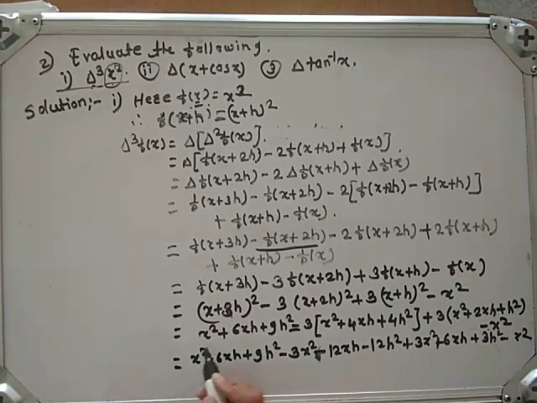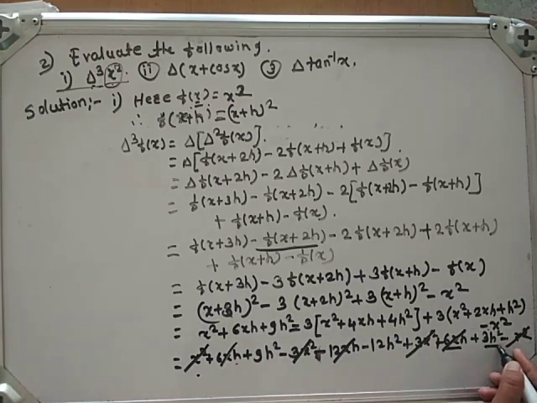See here, x square minus 3x square plus 3x square minus x square gets cancelled. Here 6xh minus 12xh plus 6xh gets cancelled.